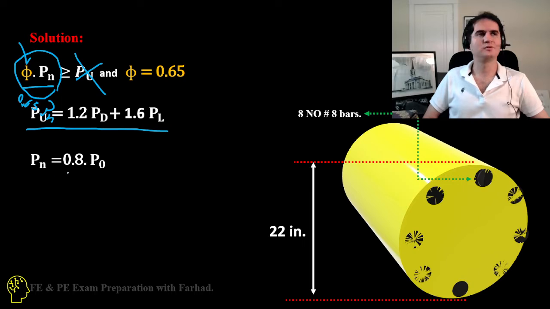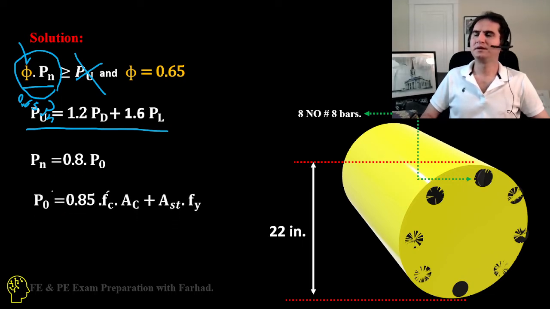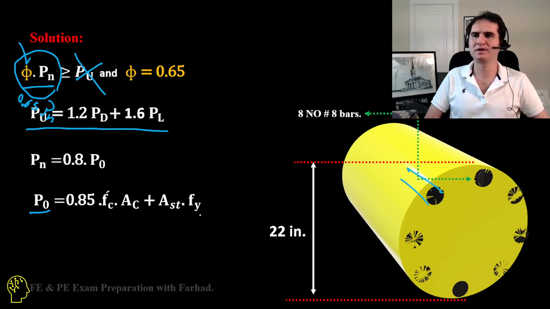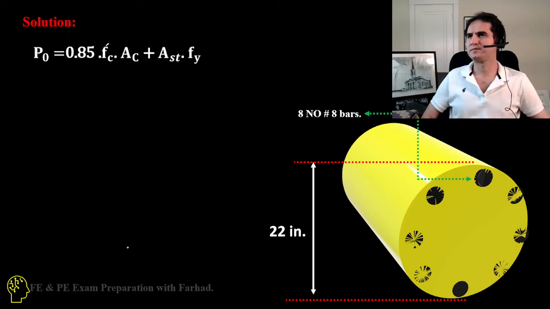Pn is also 80% of P naught, the nominal axial force, and P naught is equal to 85% of F prime C times the area of concrete, plus the area of steel longitudinal rebars times the yield stress of steel, which is also provided.